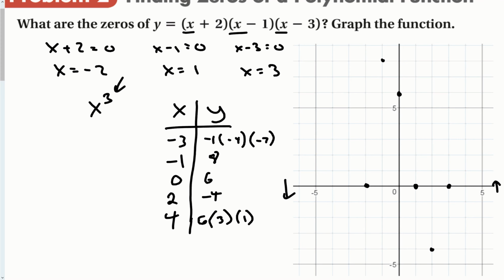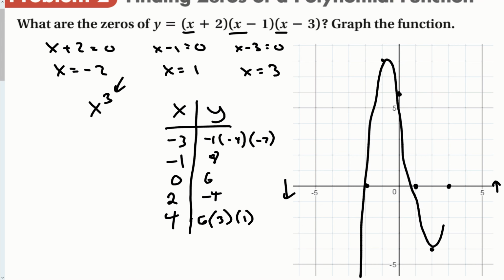Okay. Now, this looks like the highest point. It might not be exactly the highest point, and this might not be exactly the lowest point, but with our estimation, our graph is good enough. So my graph is going to look like that. A little crooked there, sorry.